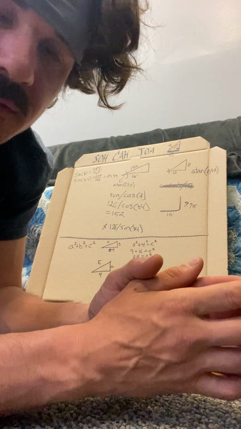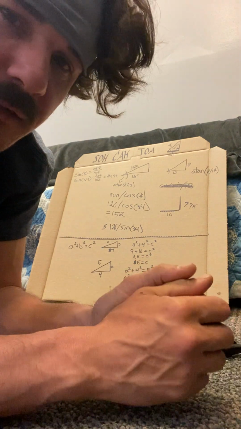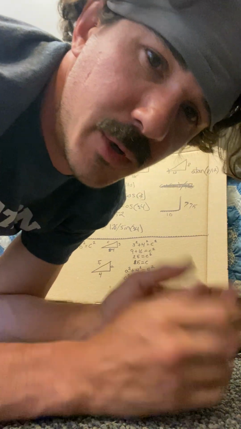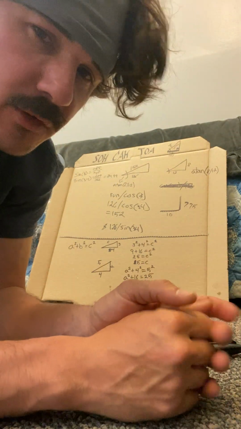Like, you're already 90% there. You could go figure it out right now for yourself if you wanted to. But I'm just going to be here to go over it, make it a little easier. So, what do I mean? The inverse will give you the angle.